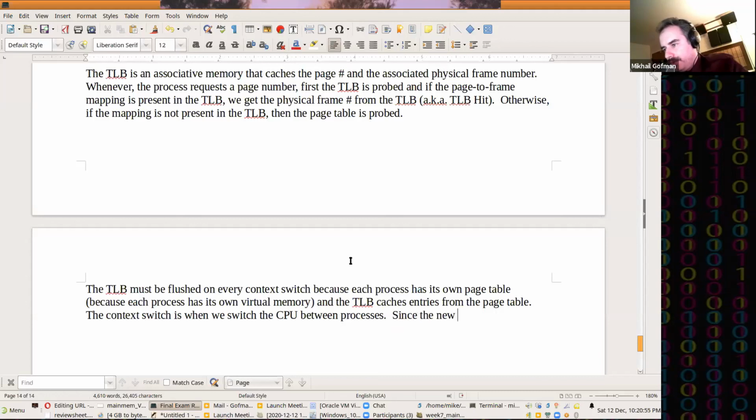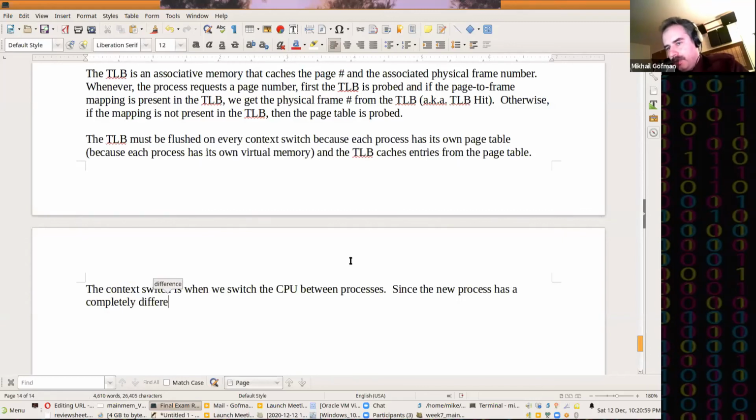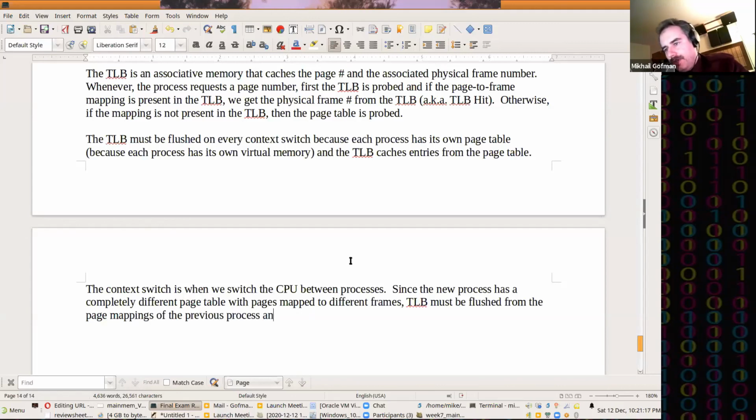Since the new process has a completely different page table with pages mapped to different frames, the TLB must be flushed of the page mappings of the previous process and populated with mappings from the new process, okay? That's basically the idea.